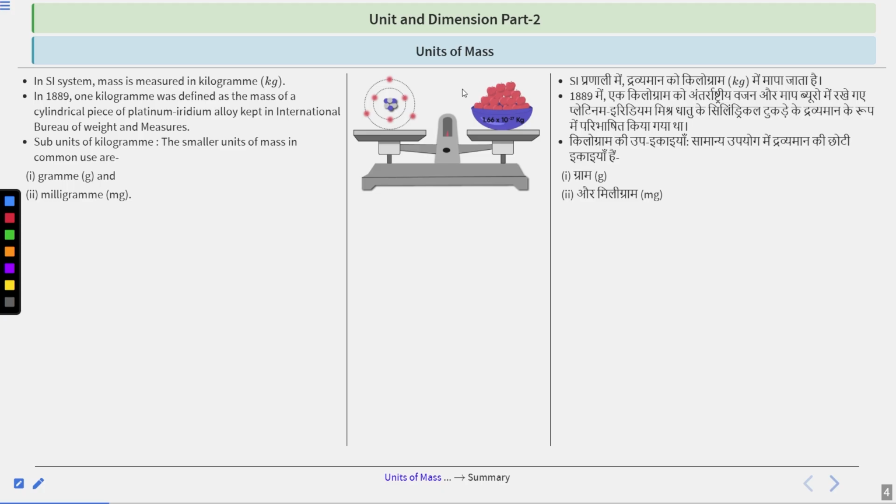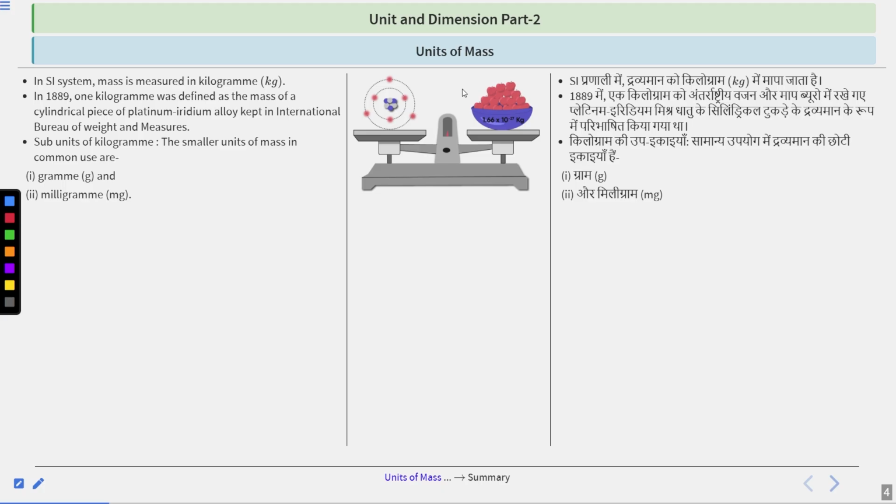Subunits of kilogram, the smaller units of mass in common use, are gram and milligram. Whenever we have to measure mass, we usually use kilogram because kilogram is the measurement unit of mass as per the SI system.